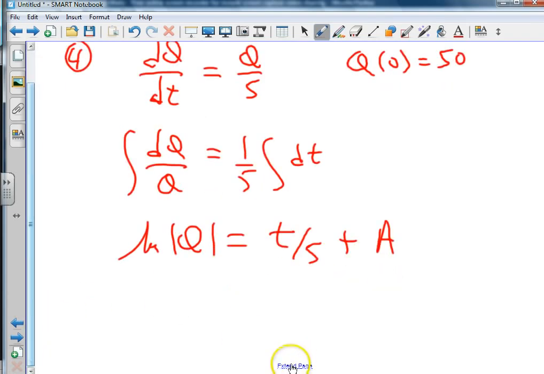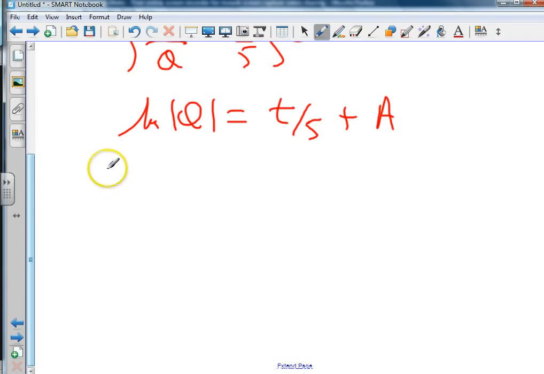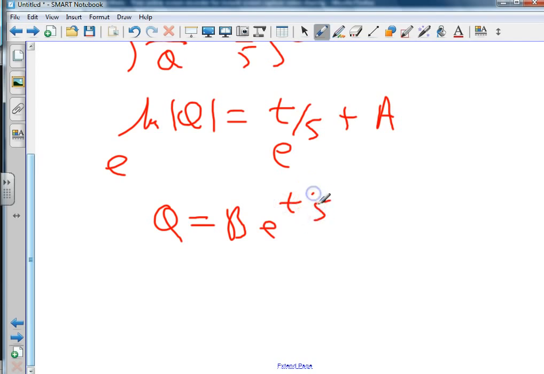And then what? E to the both sides. You get the initial condition was that Q is 50 when T is 0.